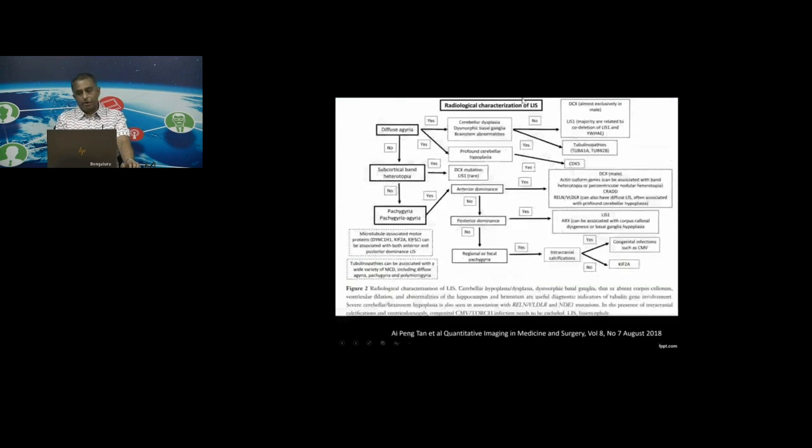Now, here is a beautiful slide I stumbled upon, and that's the reference I'm giving you. Shows you the anatomical departure from normal. Diffuse agyria, subcortical heterotopia, pachygyria, agyria.